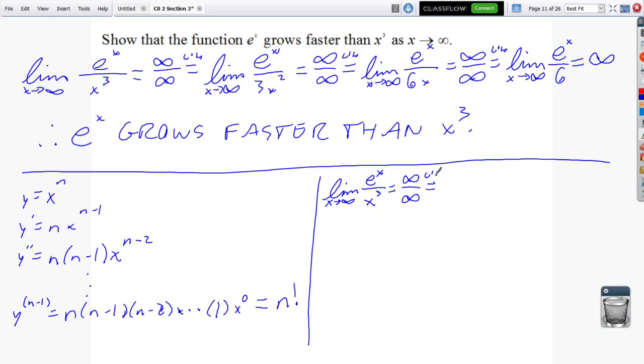So therefore, L'Hopital a whole bunch of times, dot, dot, dot, is equal to the limit as x approaches infinity of e to the x over 3 factorial, which is equal to infinity. Any factorial might be large, but it's still going to be finite. I will also point out that this only works because the other function is e to the x, which repeatedly differentiates to itself. All right.